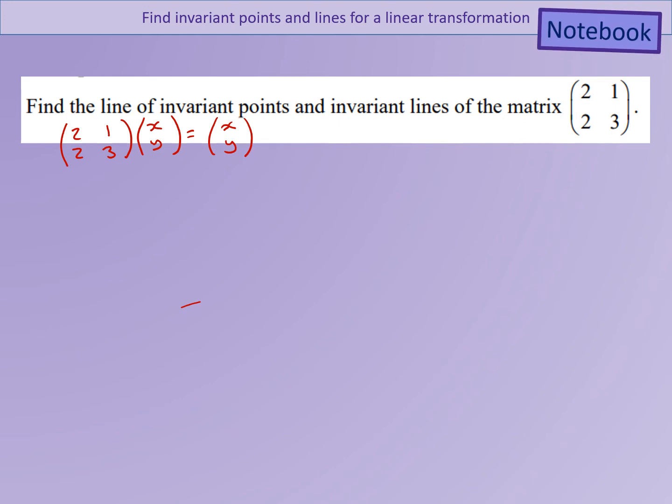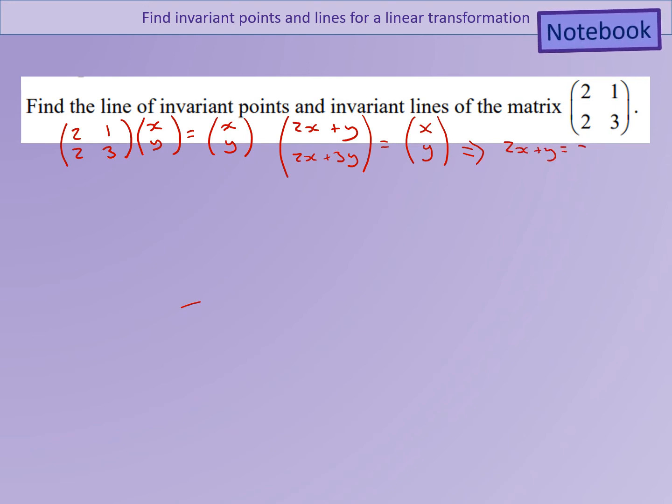We can find that by multiplying out the left-hand side. That's going to give us 2x plus 1y for the top element and 2x plus 3y for the bottom element equals (x, y). So that top row tells us that 2x plus y equals x.